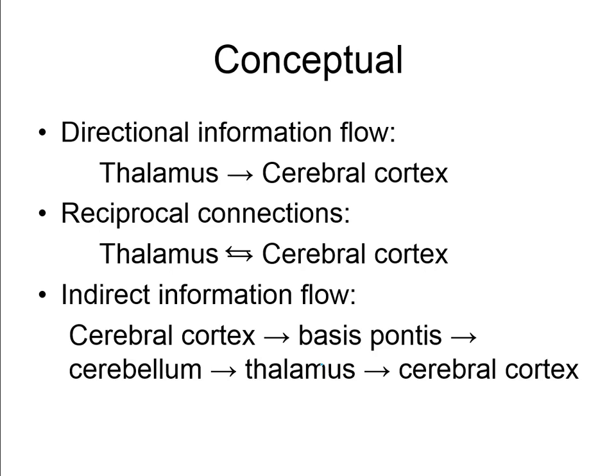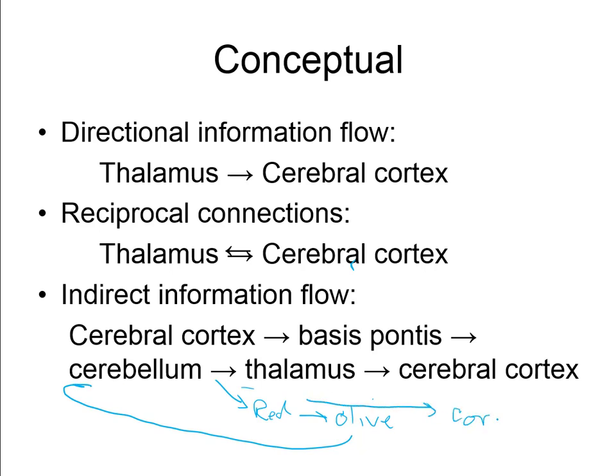And we already know that in addition to this part of the loop where we come back through the thalamus, the cerebellum is going to the red nucleus, which is going to the olive, which is coming back to the cerebellum, okay, but the red nucleus is also coming down to the cord, and the cortex is coming down to the cord.